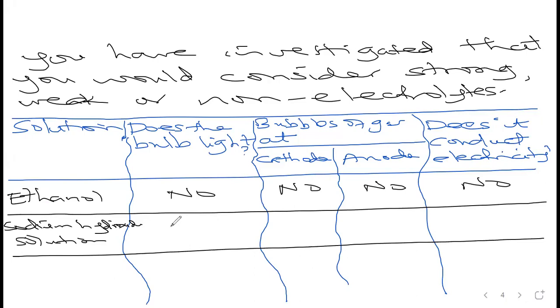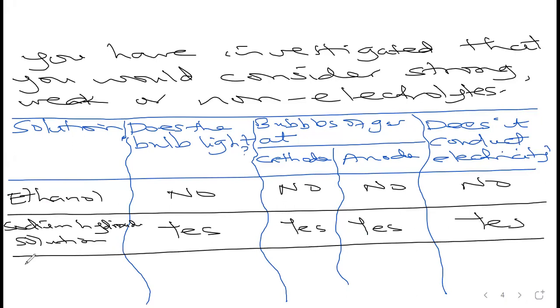If you use sodium hydroxide, does the bulb light? It will light. Yes. You see bubbles of gas at cathode? Yes. Even at the anode? Yes. We shall see what those bubbles represent at each of the electrodes. Does it conduct electricity? Yes.